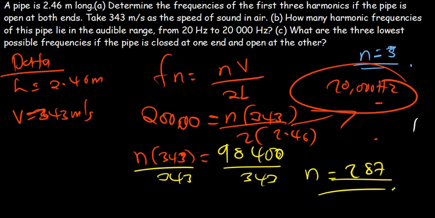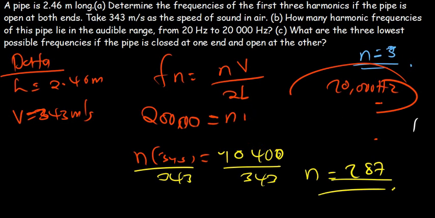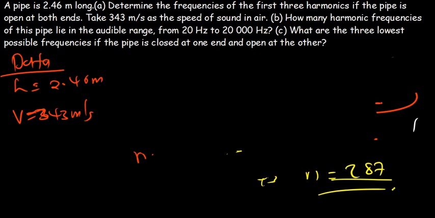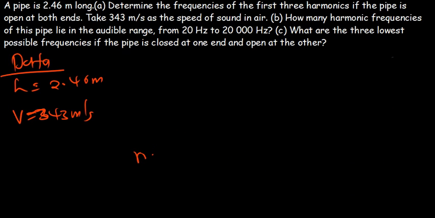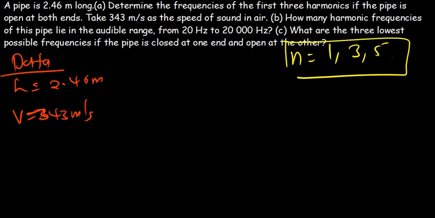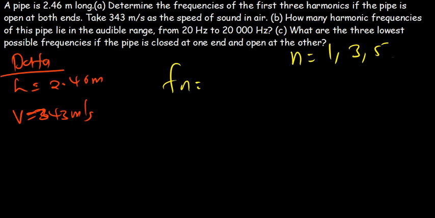Then what are the 3 lowest possible frequencies if the pipe is closed at one end? If the pipe is closed at one end, remember the formulas we came up with. n can only be the natural numbers 1, 3, 5. So these will be the first 3 lowest. So Fn will be equal to, we said, nv divided by 4L.